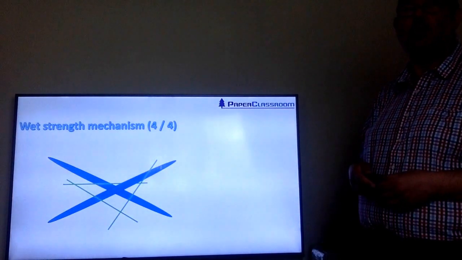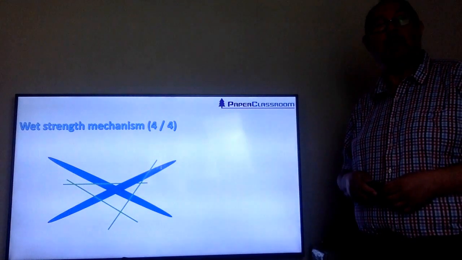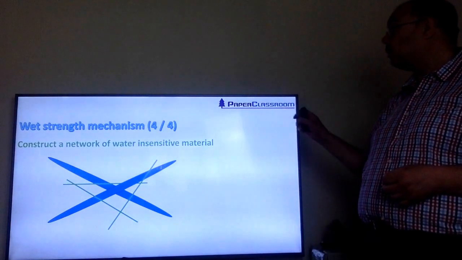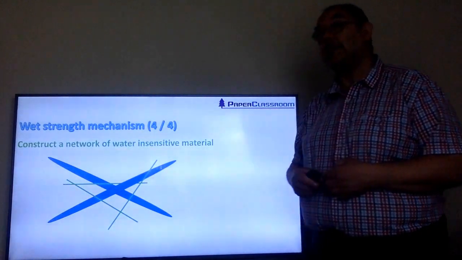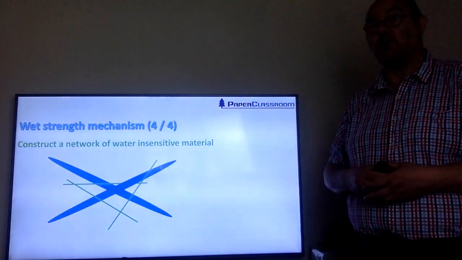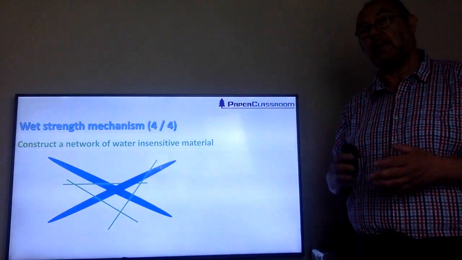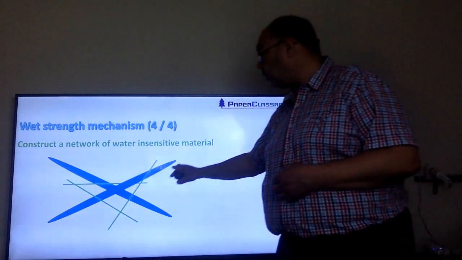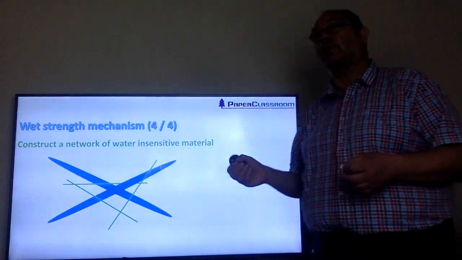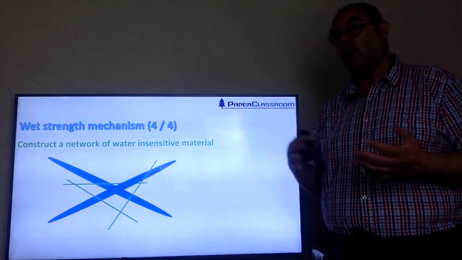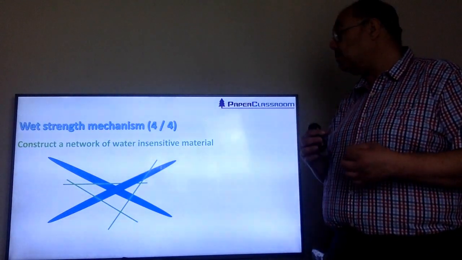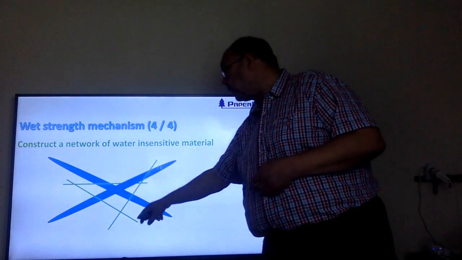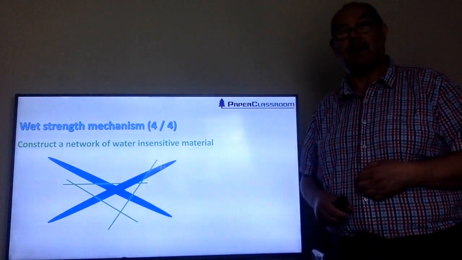And finally, the fourth mechanism of wet strength is to construct a network of water insensitive material, and this is a technology very well used in the tea bag industry. So tea bag will consist of normal plant fibres, hardwoods or softwoods, or non-wood fibres like abaca. Mixed in with that will be sort of polypropylene or nylon type fibres.